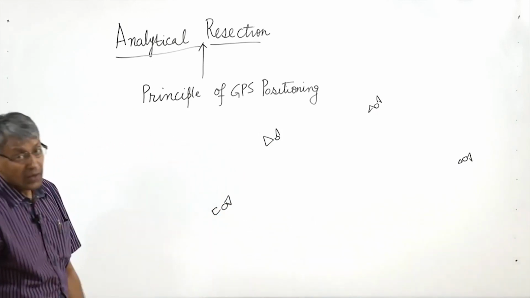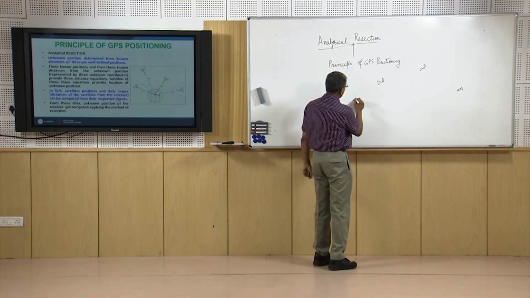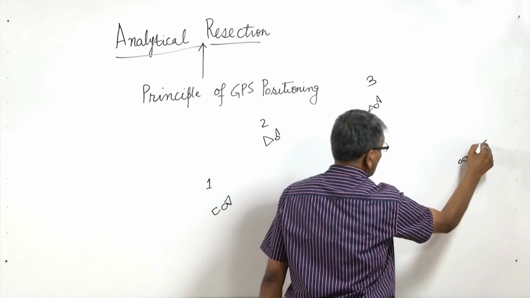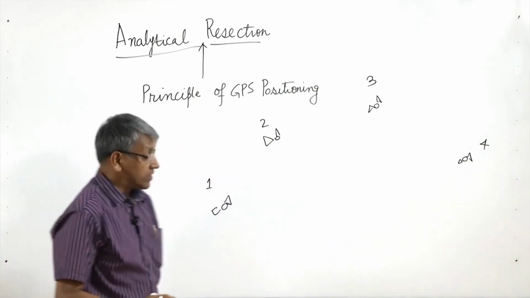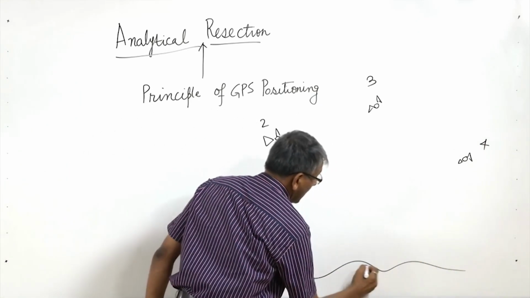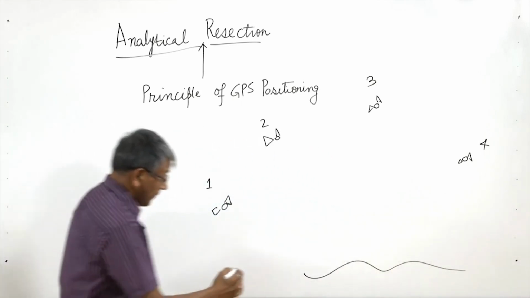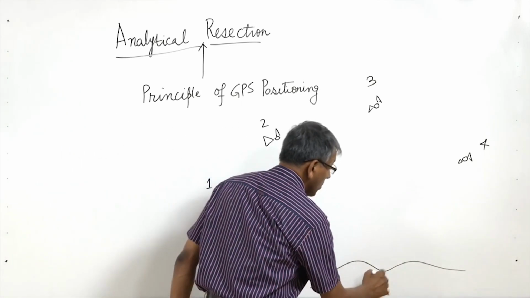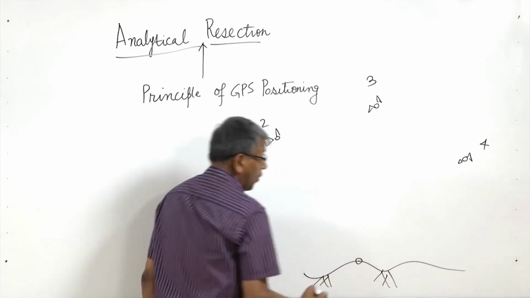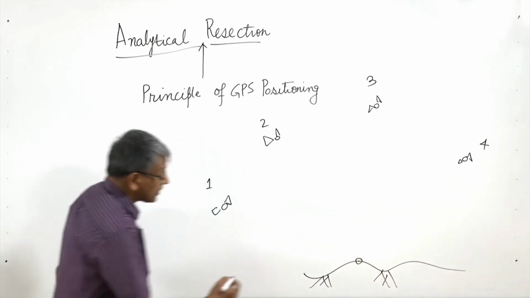So, in case of GPS, let us say there are 4 satellites 1, 2, 3, 4 which are being observed from the surface of the earth, and this is the point location whose position we want to determine.